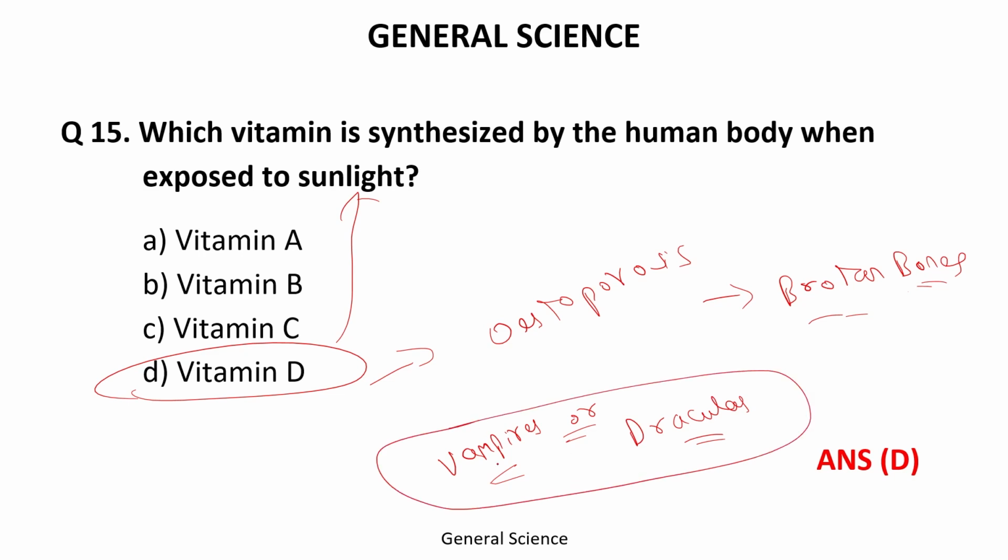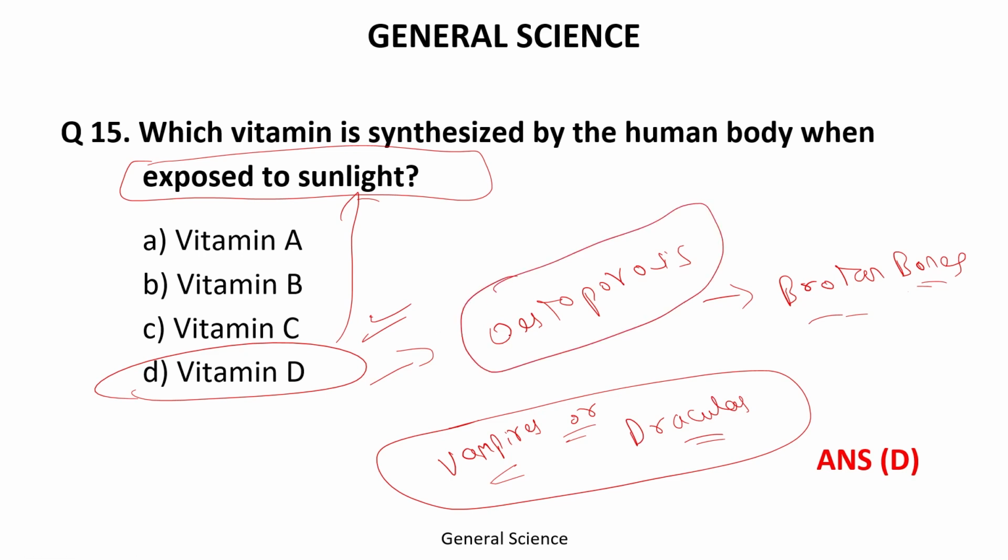It is believed that vampires or Draculas could not expose themselves to the sunlight because they will die. So that's why they started sucking the human blood, which has vitamin D, so that they could avoid osteoporosis. It is one point which is available on the online sites.